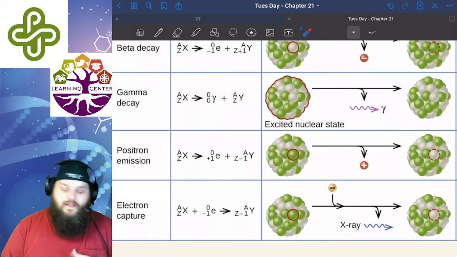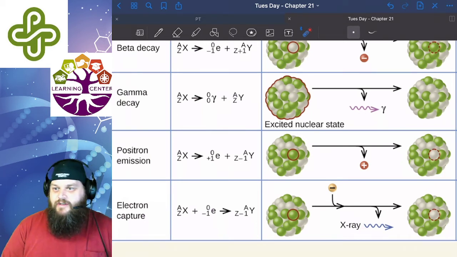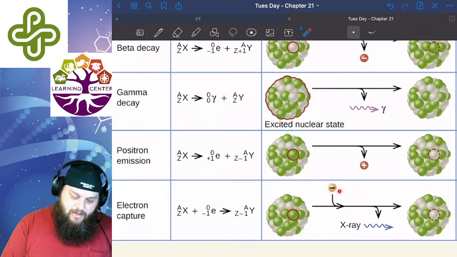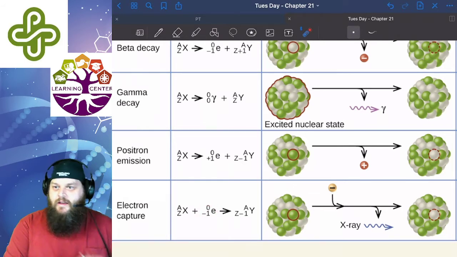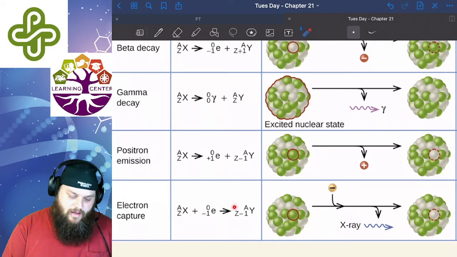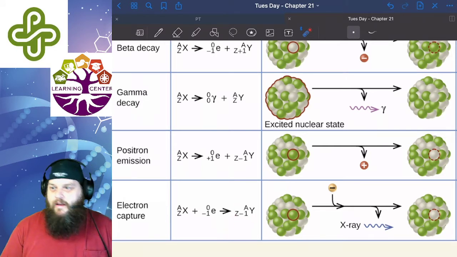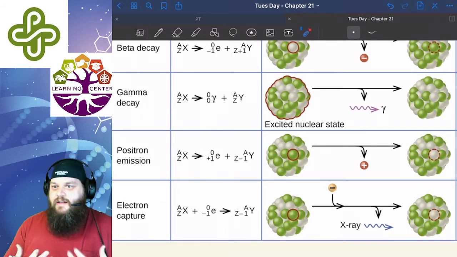Not quite as energetic as gamma rays. X-rays are less energetic, but still, it's a lot of energy going on there. In this case, it's capturing that electron, so the electron is on the reactant side, and the product is going to have one less proton because that proton turned into a neutron. The nucleons total have stayed the same.